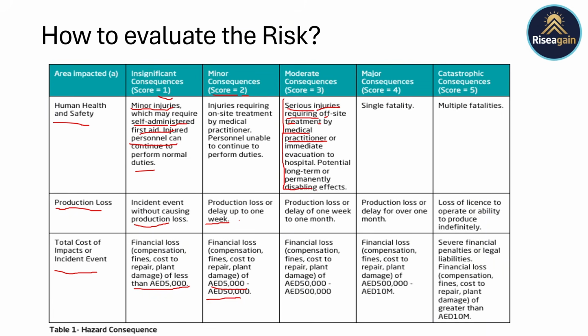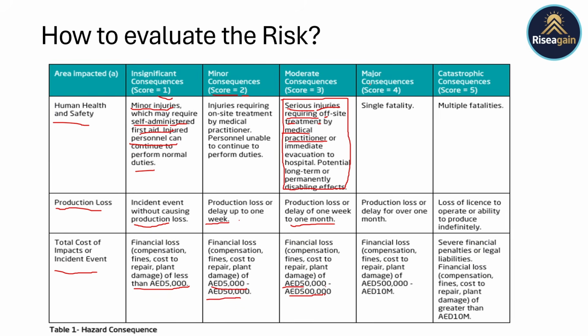If there is chances of LTI, we can say that it is moderate, and 3. If that is production loss or delay of 1 week to 1 month, again it depends on the organizations, that can be considered as a 3, which is equal to LTI. And if the financial loss is from 50,000 to 500,000, that could be also considered as a moderate, and also equal to LTI.